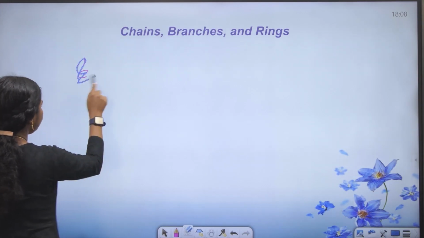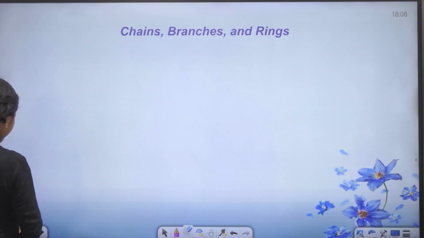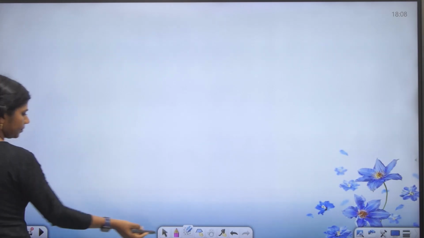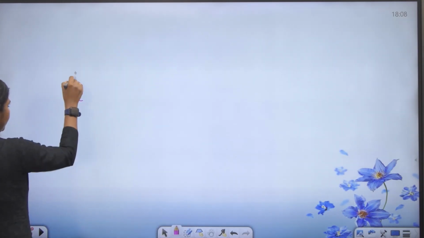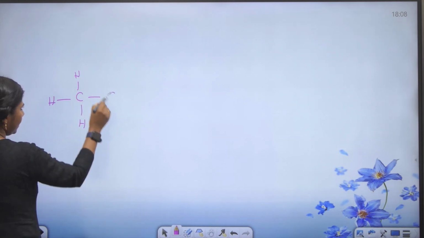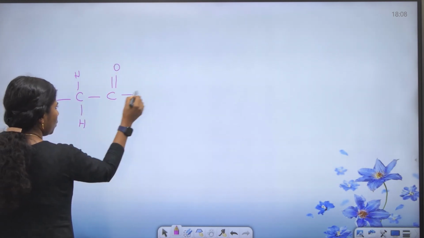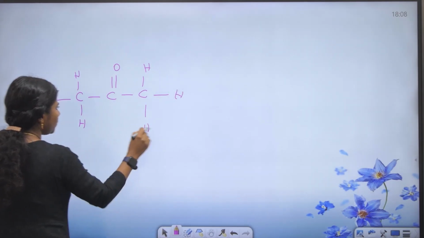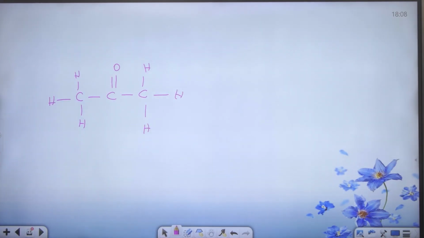Suppose CH3, CO, CH3. Is this molecule saturated or unsaturated? Check the carbon-carbon bonds.